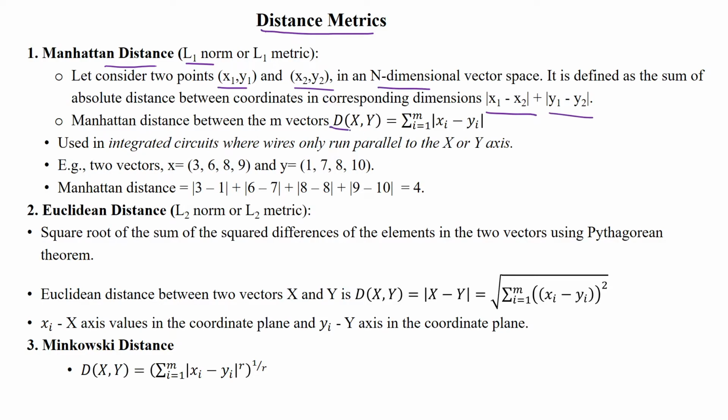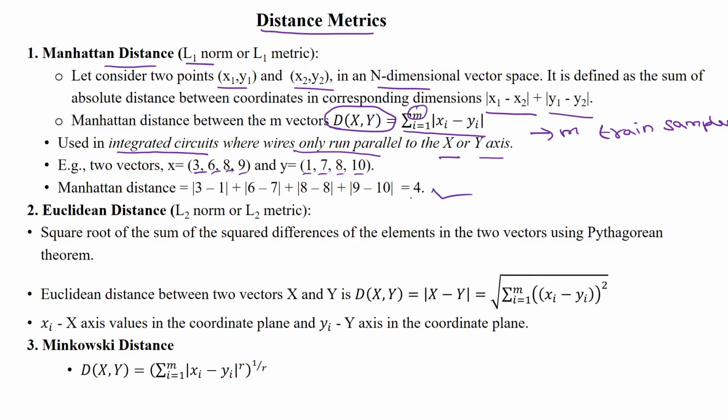For m number of training samples, we use the summation of i equal to 1 to m of mod xi minus yi. This is used in real-time integrated circuits where wires only run parallel to the x or y axis. An example is given here, with x1, x2, x3, x4, y1, y2, y3, y4.